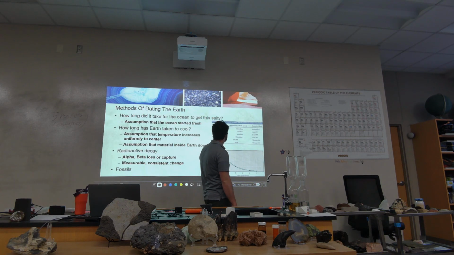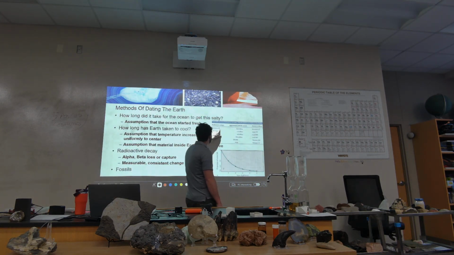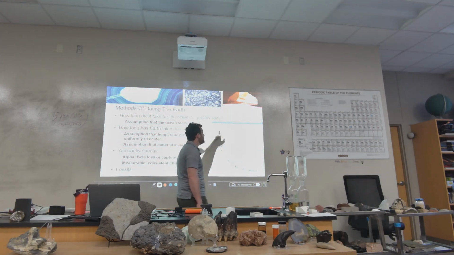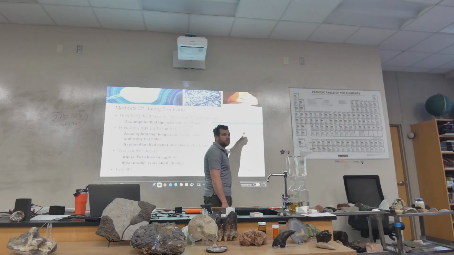Uranium-235. No, it's 234. 235, 704 million years. 238, 4.6 billion years. Rubidium-87 has a half-life of 48.8 billion years. The half-life for rubidium-87 has not passed yet.